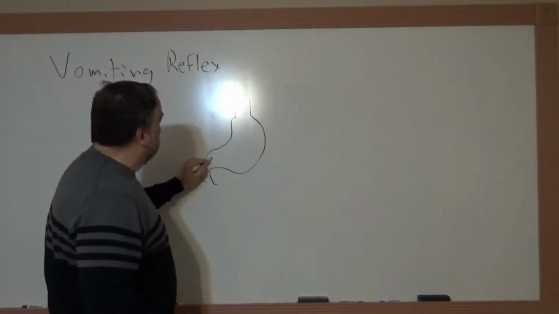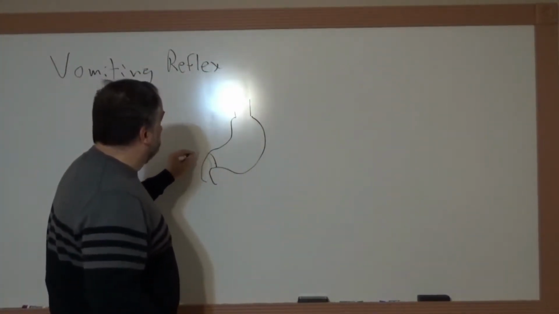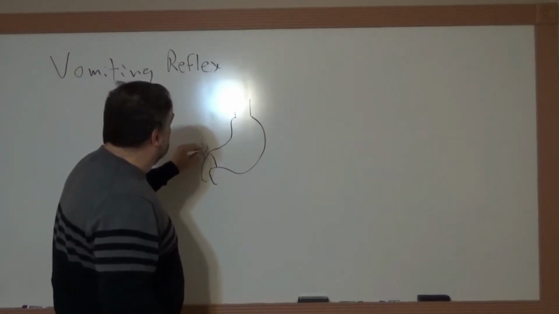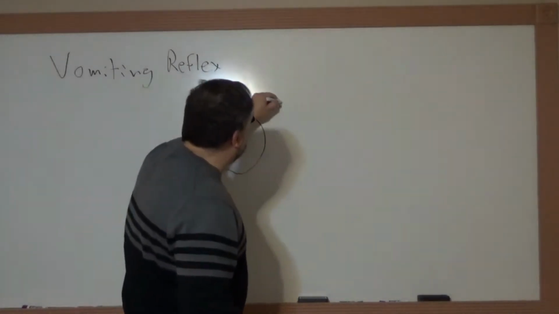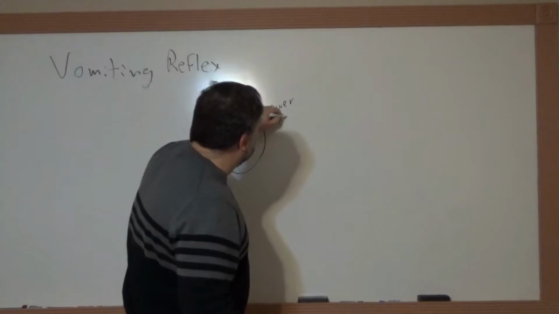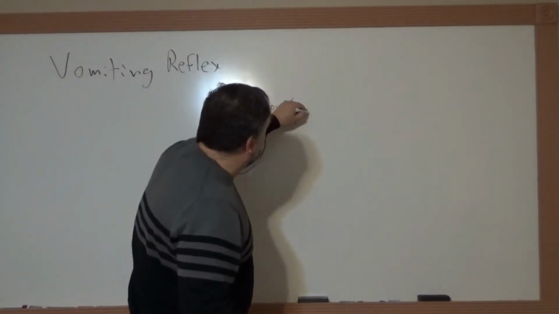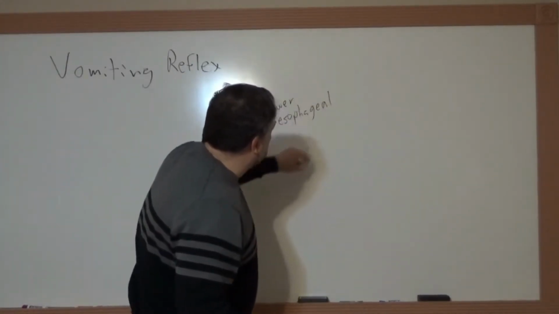Right down here we have the pyloric sphincter. And up here we have the lower esophageal sphincter.